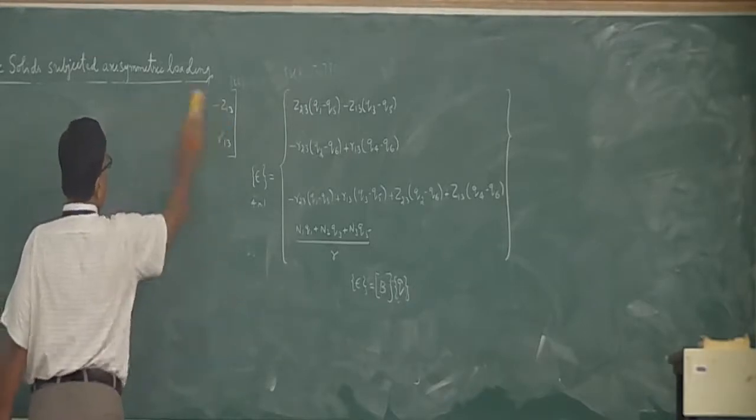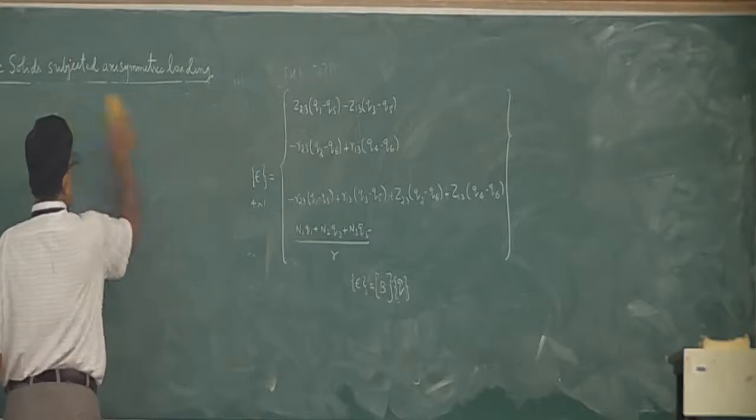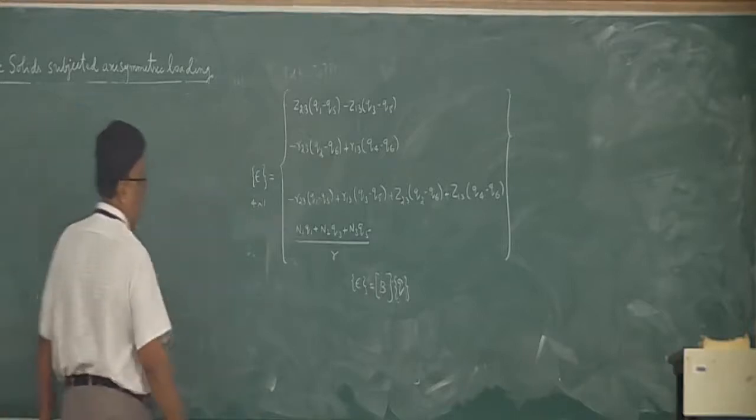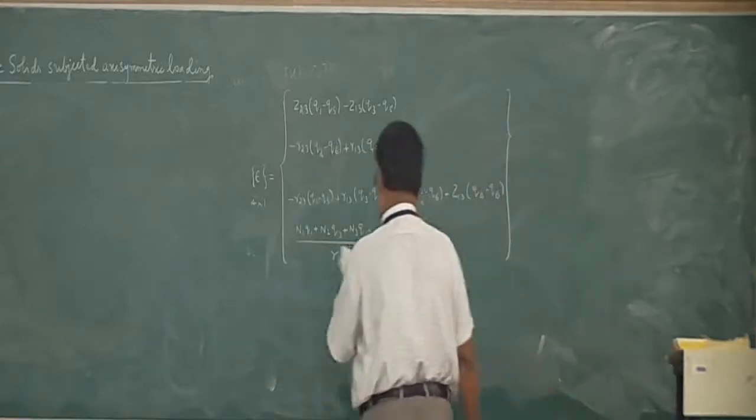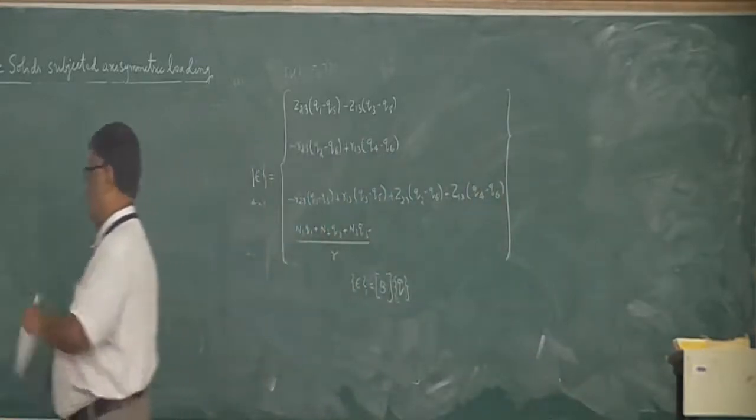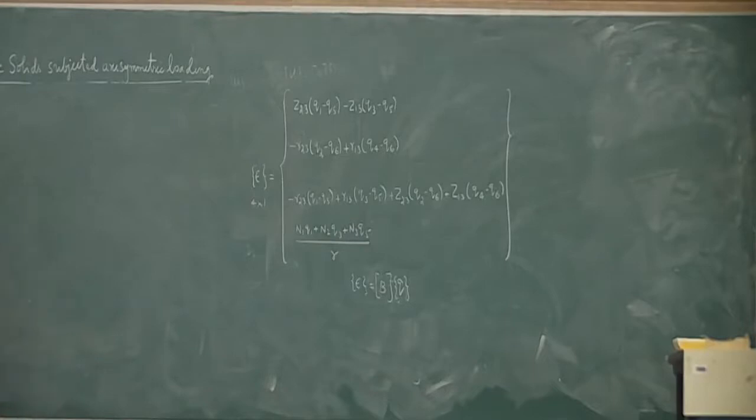So let me write the big expression for the B matrix. For an axisymmetric element, we should know how exactly it is going to be considered. So let me write the B matrix. Here it comes.